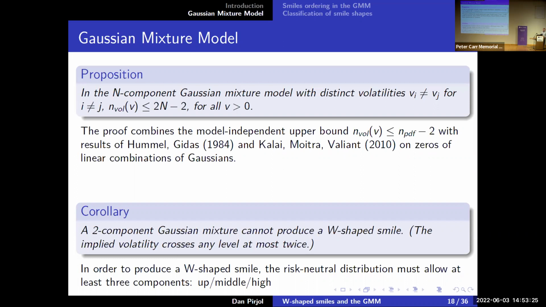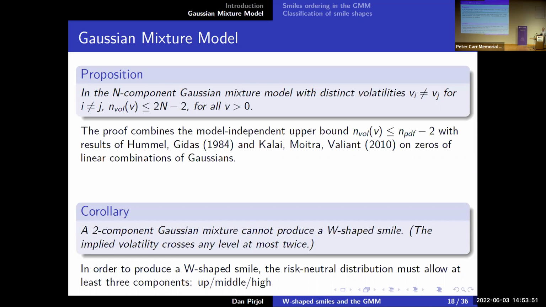So it's incorrect to say that a bimodal distribution can give you a W-shaped smile, because it can at most produce 2 crossings. It will produce a U-shaped smile, or some more complicated shapes, but not a W-shaped smile. Turns out the market is pricing not only a low price state and a high price state, but also some middle price state.